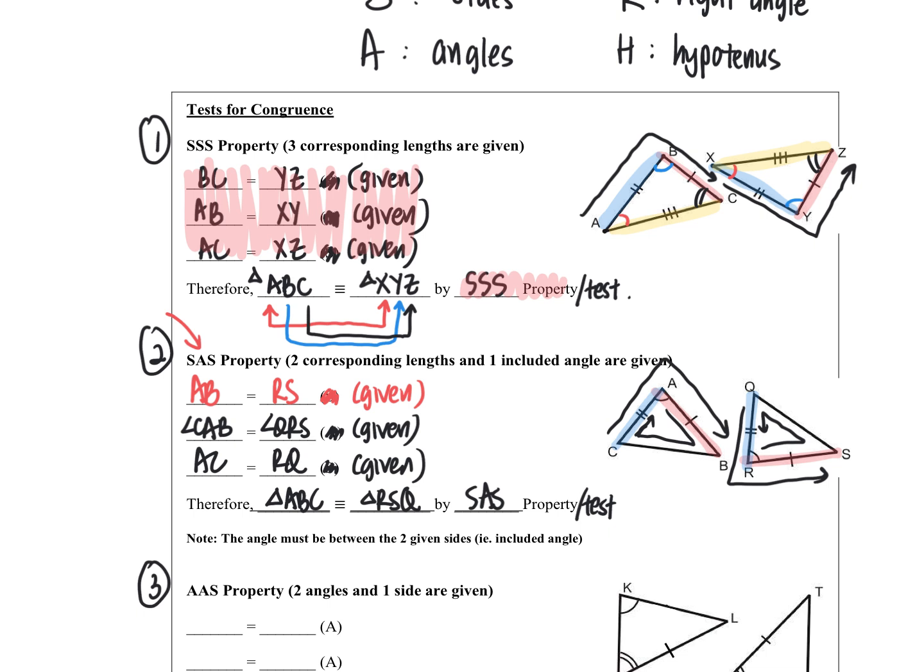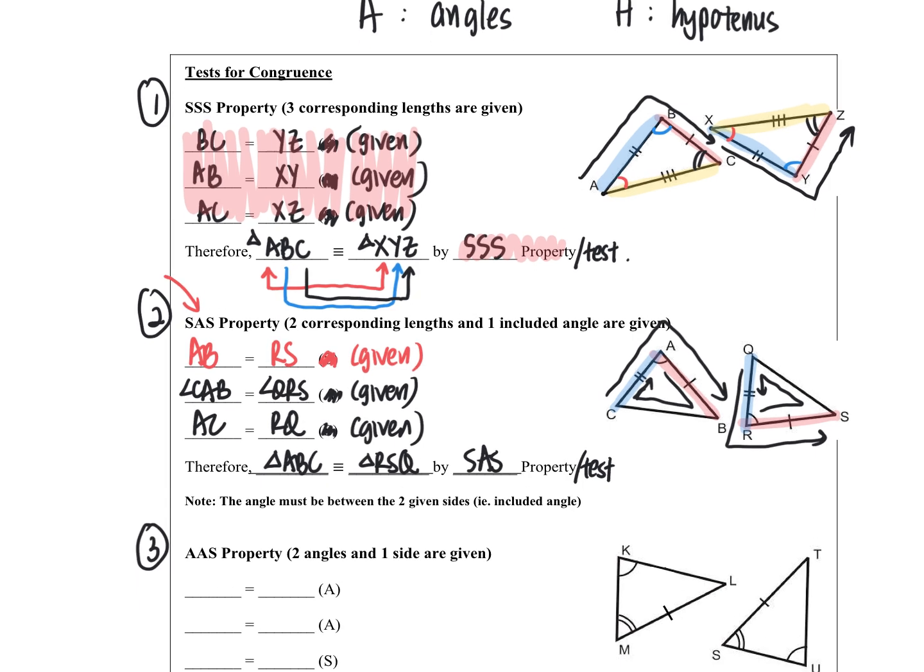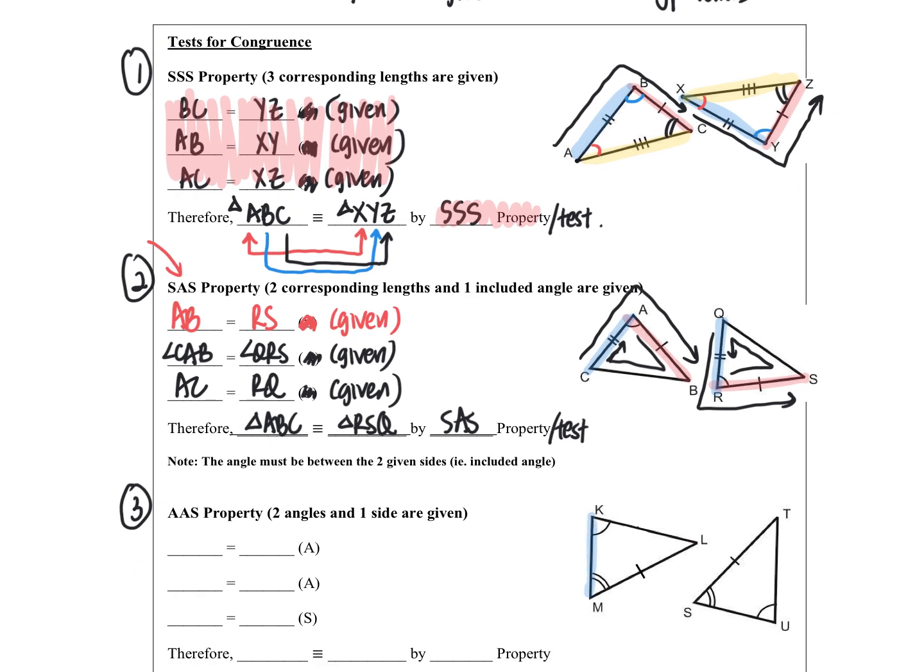Okay, the third one is where you have two angles on the same side, right? Then the side you have is not the same side as the two angles. What do I mean by that? Look at your two angles, they lie on the same side. But the given length is not this side.